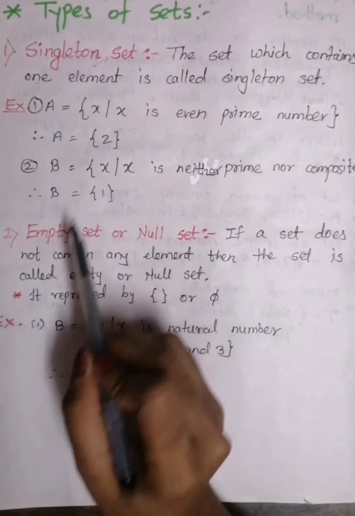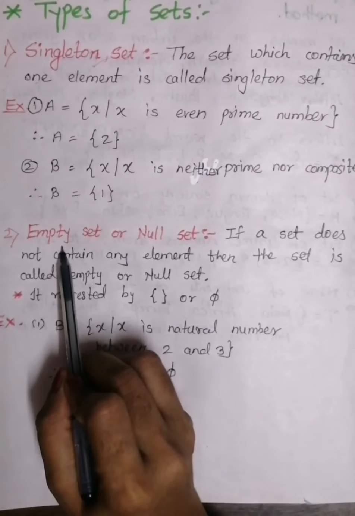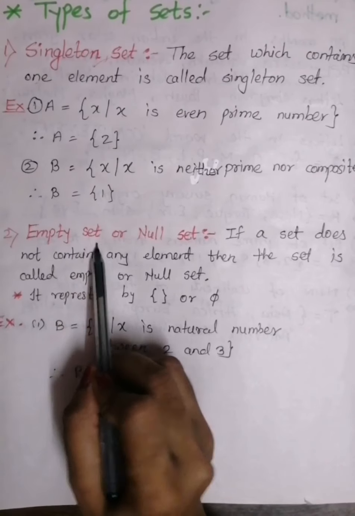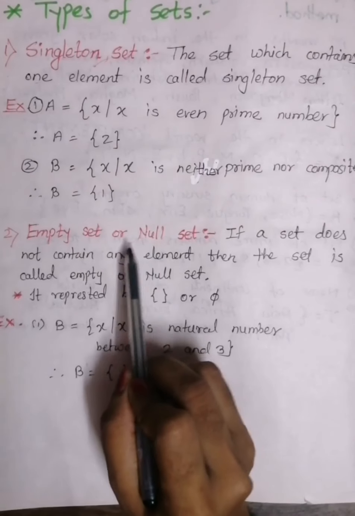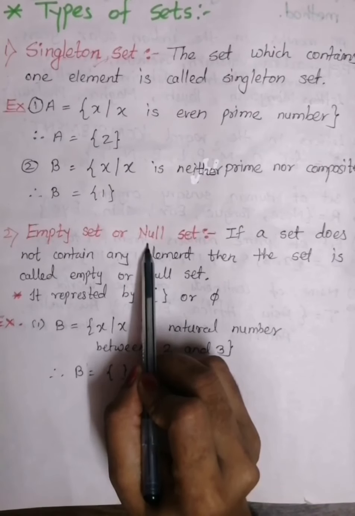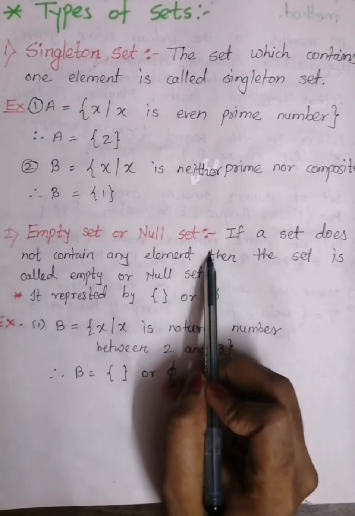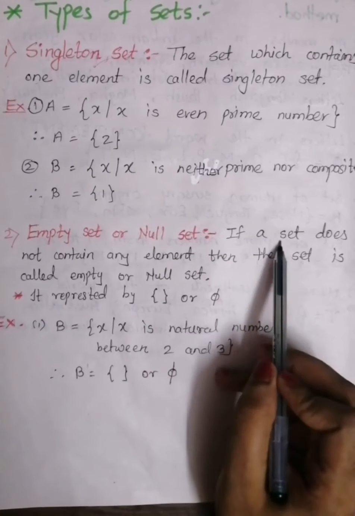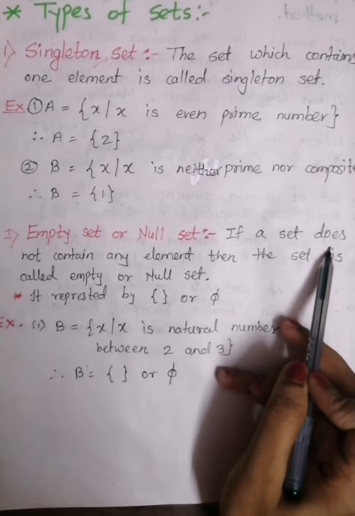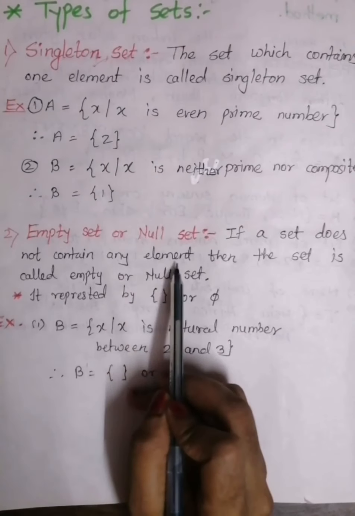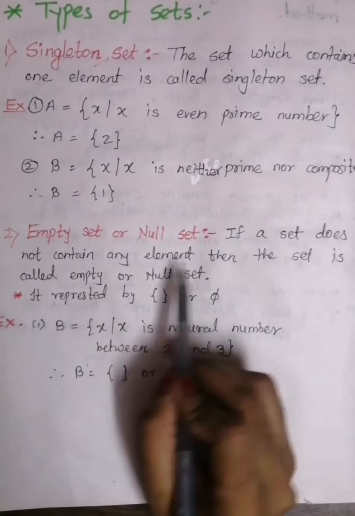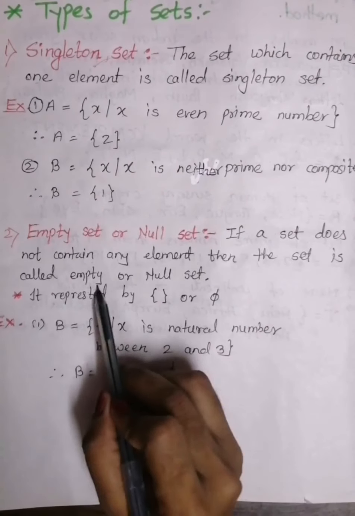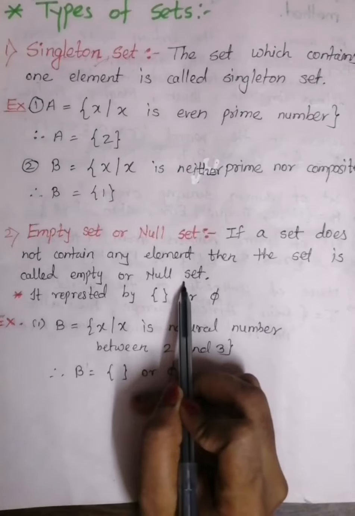Now come to the second type of set, that is the empty set or null set. Empty or null set means there is no element. Just look at the definition, then you will be clear. If a set does not contain any element, then the set is called an empty or null set, right?